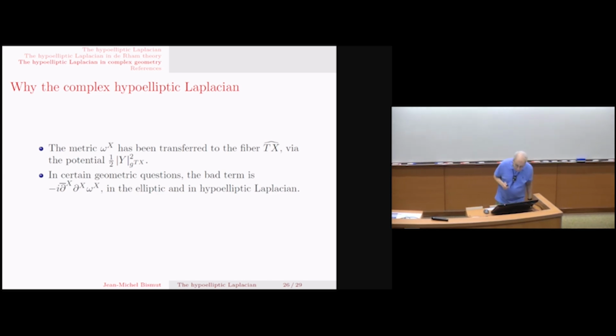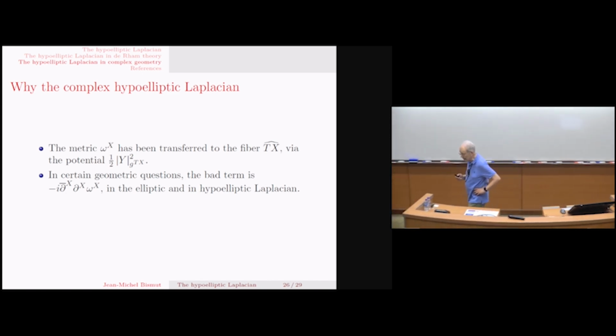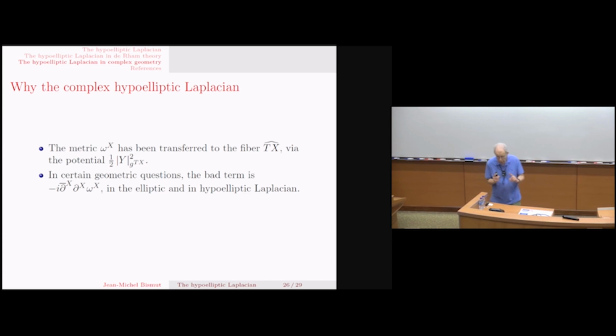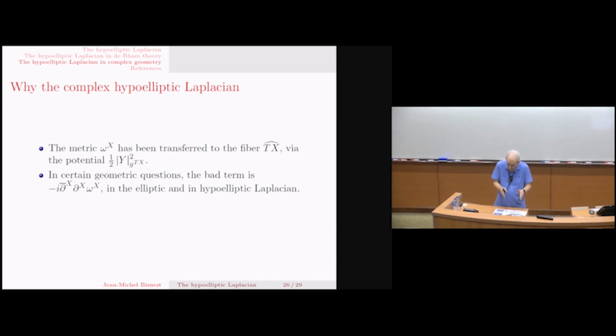So in certain geometric questions, the bad term is precisely this d bar x dx omega x, in the elliptic and in the hypoelliptic theory. In other words, for these questions that I wanted to look at, moving from the elliptic theory to the hypoelliptic theory hasn't made any significant progress. The obstacle is still the same. We have moved to a new theory, but it's still not enough.